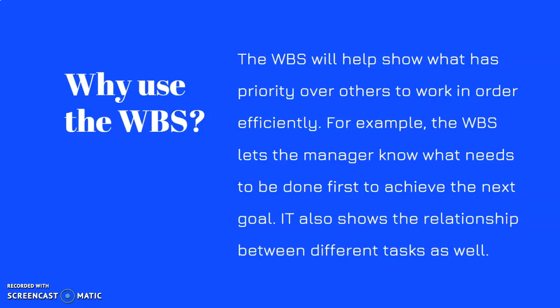It also shows the relationship between different tasks, so you can help categorize and put certain teams together to handle certain situations. For example, everything with marketing, you would probably go directly to your marketing guy, and that would be labeled in the work breakdown structure as 2.2M.